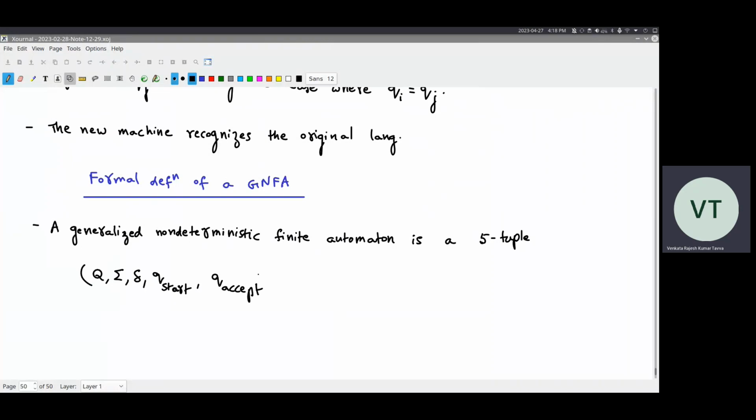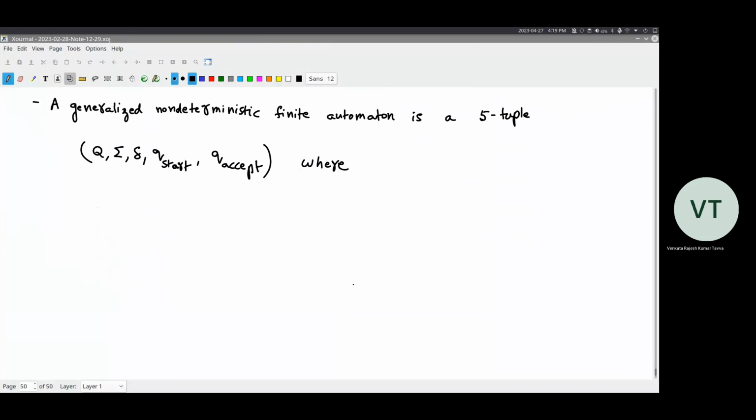So now we know there is only one accept state, so you don't need set brackets for that also. Where Q is the finite set of states.